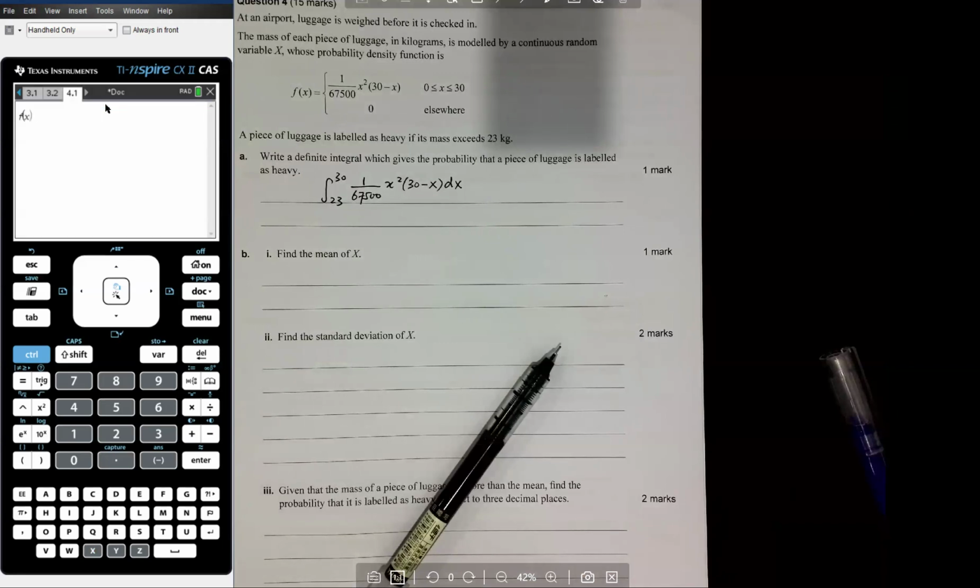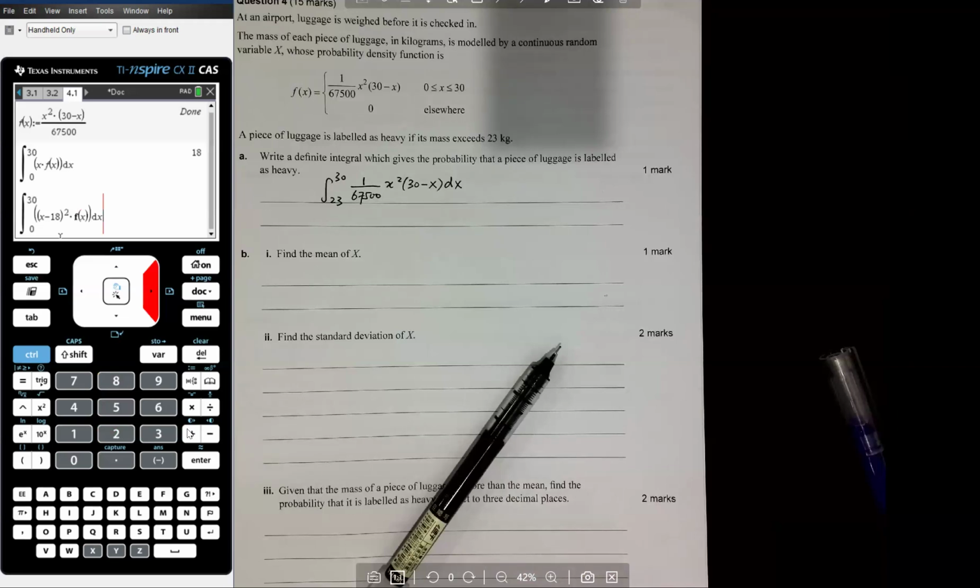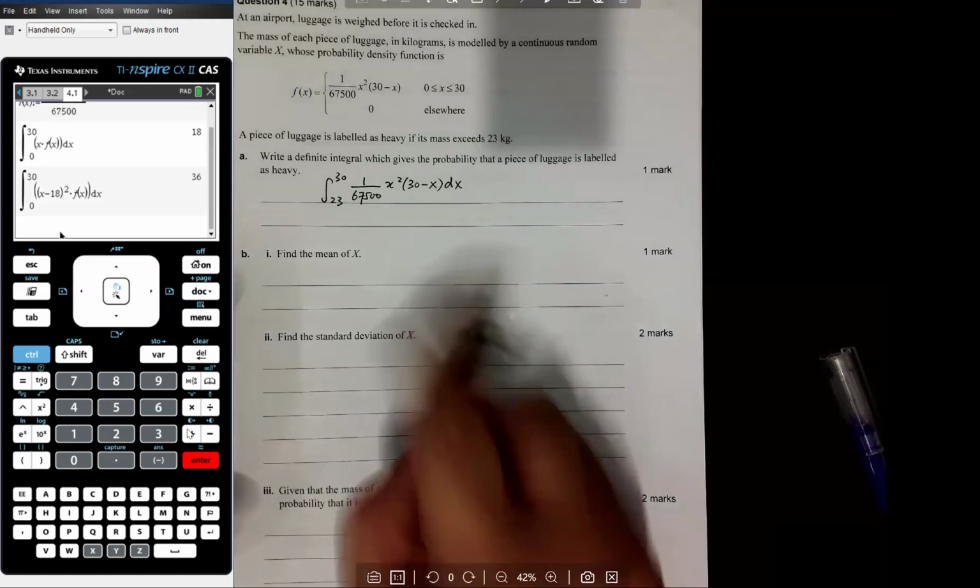In that case, I'm going to use the new problem. Let's just say f of x is assigned to x squared times 30 minus x, over 67500. And then the mean value is shift plus 0 to 30, x times f of x dx. It's 18. And the standard deviation is finding this thing, x minus 18 squared times f of x integral. This will give you the variance, and then the standard deviation is just 6, okay?